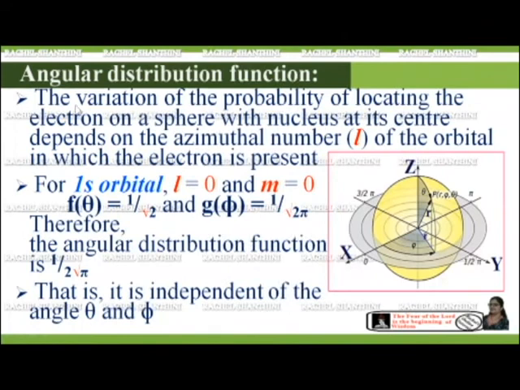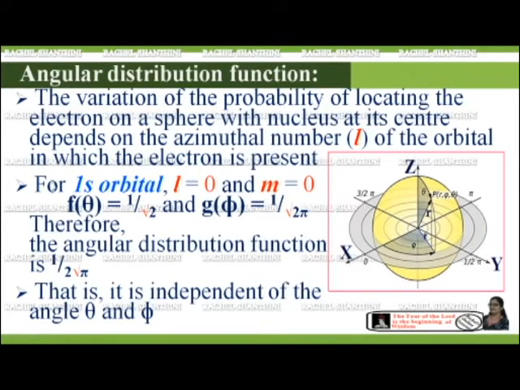Angular distribution function. The variation of the probability of locating the electron on a sphere with the nucleus at its center depends upon the azimuthal number, that is the angular quantum number l, of the orbital in which the electron is present. Already we have discussed the spherical coordinates theta and phi, right?